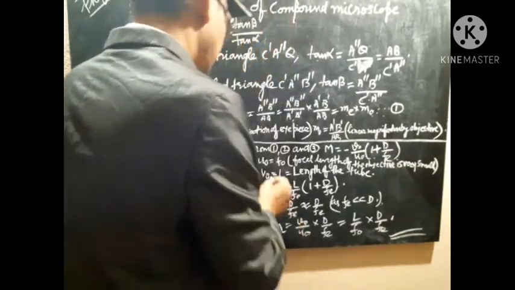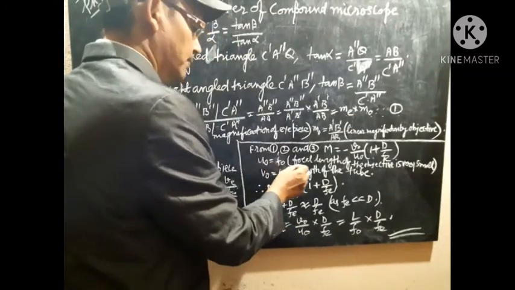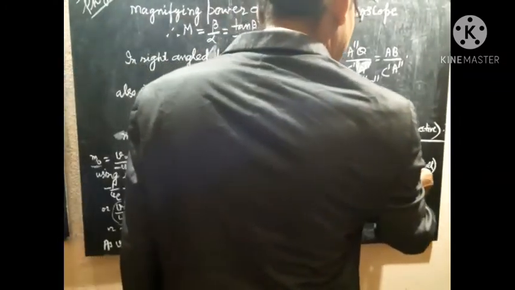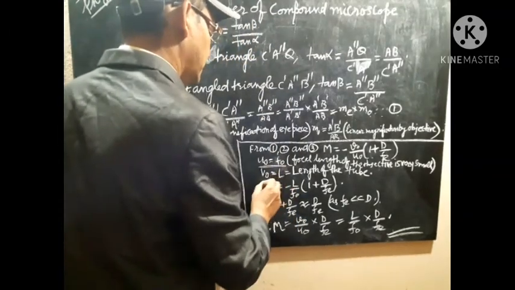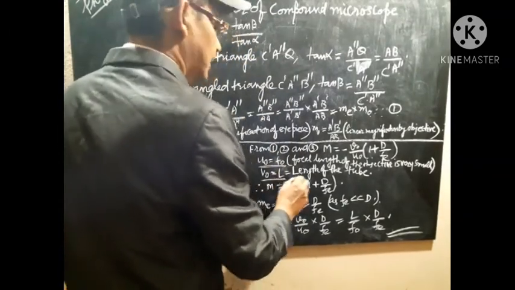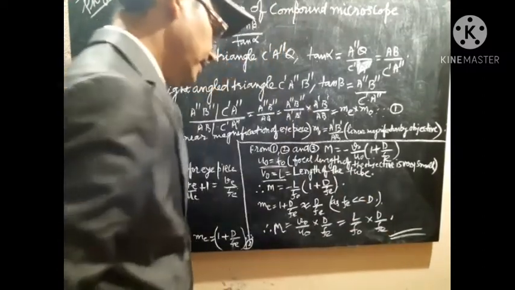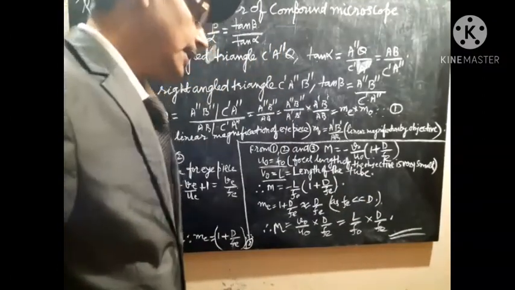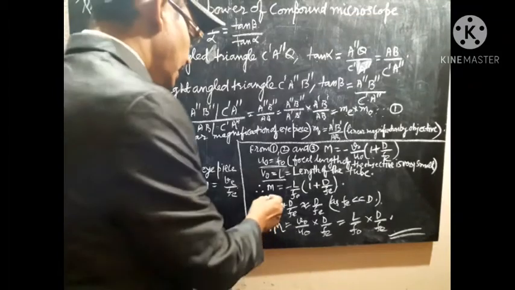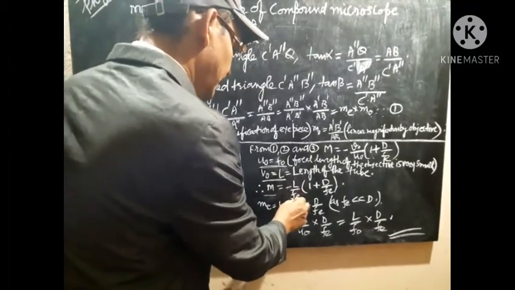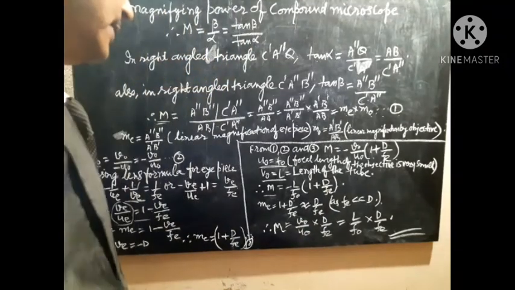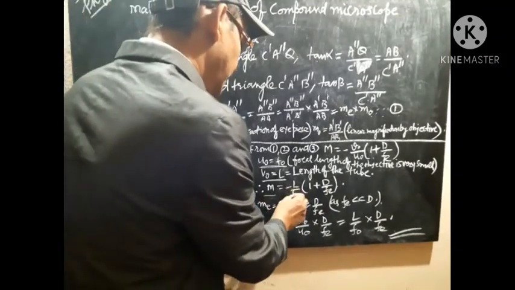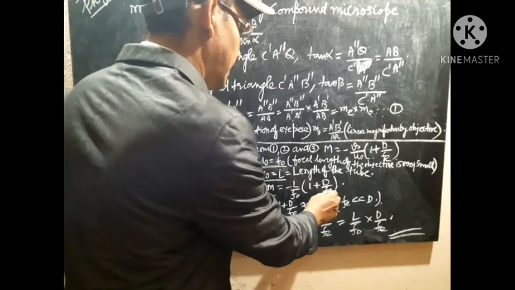The focal length of the objective is very small, so UO is equal to FO. VO is equal to L, the length of the tube. So M is equal to minus L by FO times 1 plus D by FE.